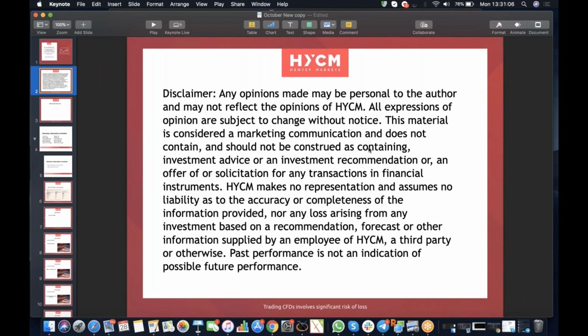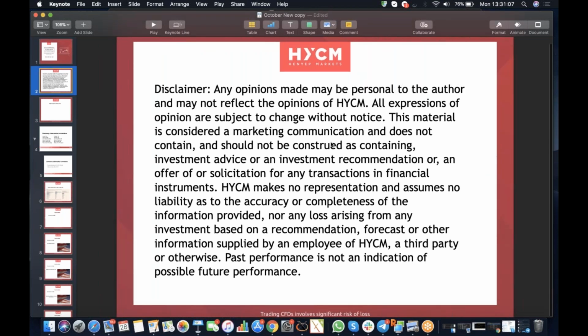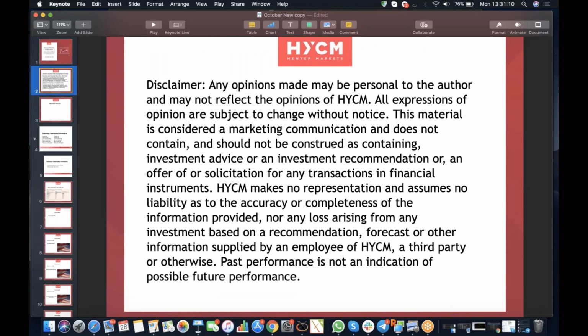This isn't a trading signal service. So even though we'll be talking about entries, exits, different currency pairs and commodities, it isn't an invitation to trade, because market dynamics are fluid. They change moment by moment, day to day.